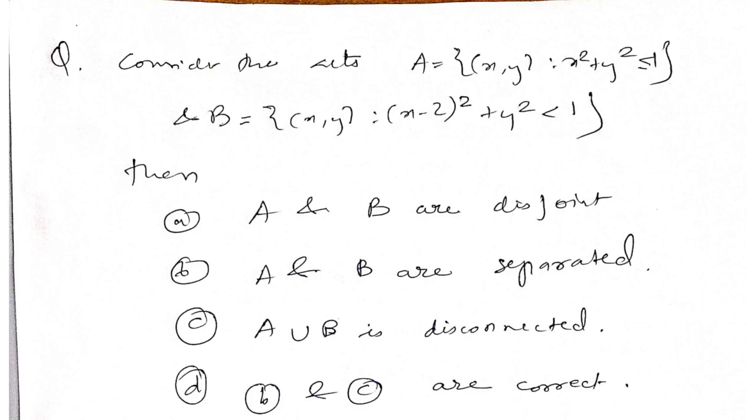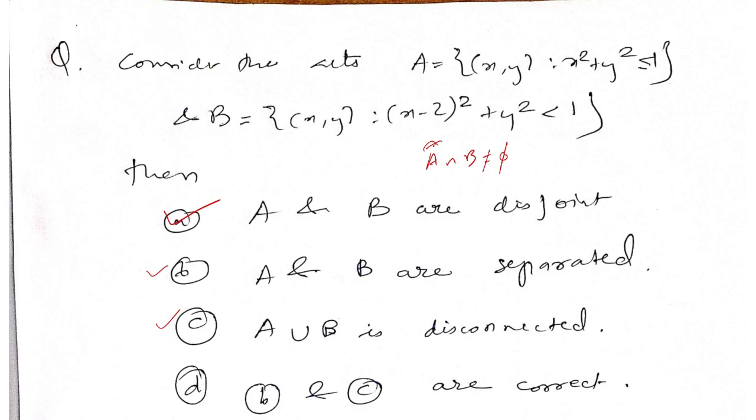A and B are disjoint, that is true, right? How to disprove the others? A and B are separated only if the definition is satisfied, that is, A closure intersection B is empty.